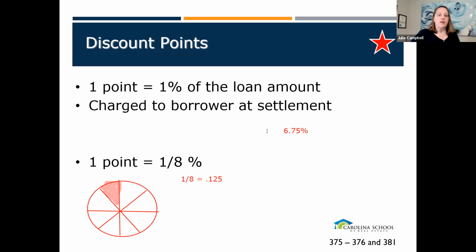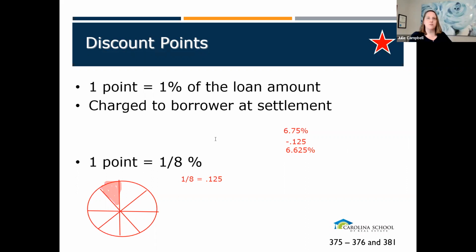If they're buying 1 point, they're buying 0.125%. So their interest rate was 6.75. Now they buy a discount point, and their new interest rate is 6.625 for the next 30 years.